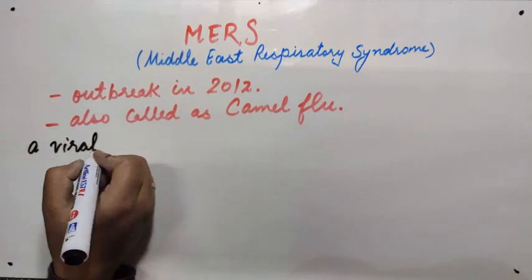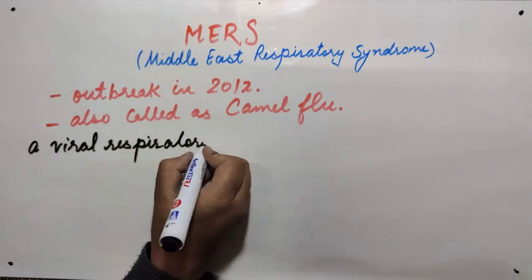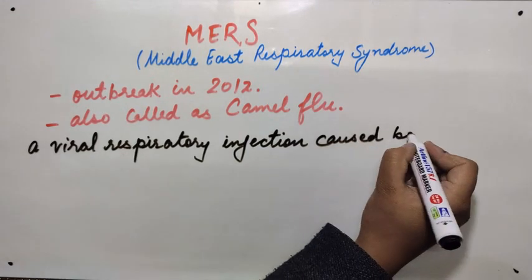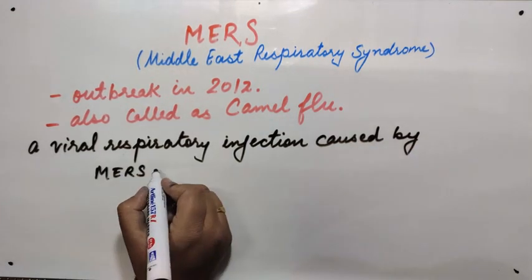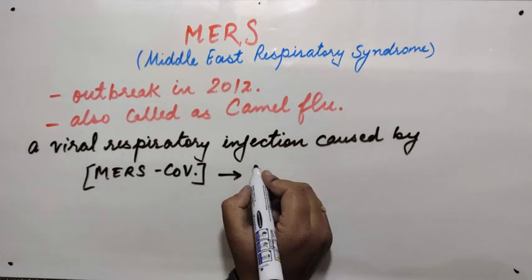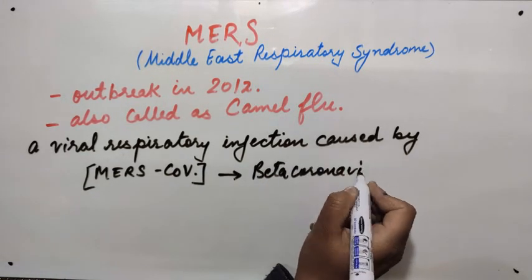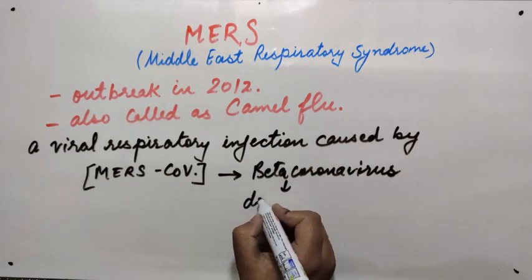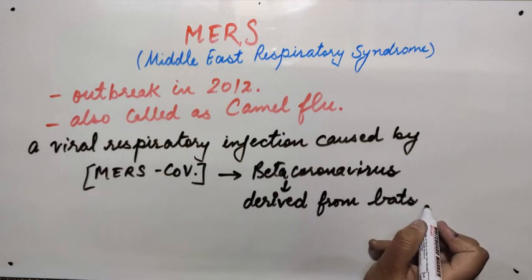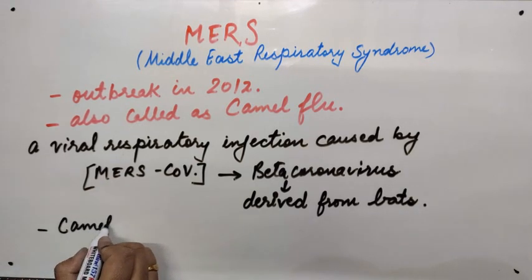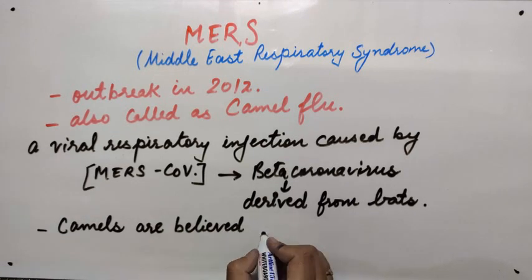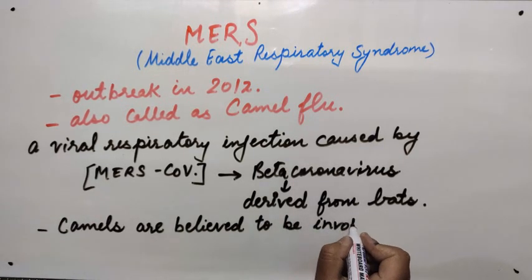So, coming to its definition, it is a viral respiratory infection which is caused by Middle East respiratory syndrome coronavirus. Now, this virus is a beta coronavirus which is derived from the bats. And camels are believed to be involved in its spread, thus also known as camel flu.